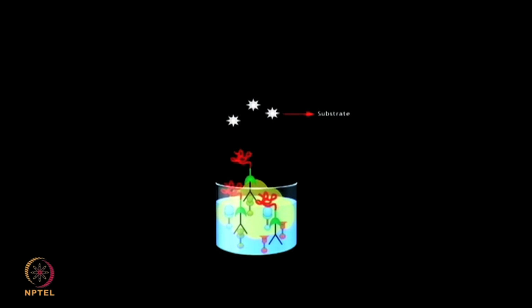The colored reaction was observed on addition of substrate to the enzyme. The authors demonstrated this approach for detection of antibodies to Epstein-Barr virus nuclear antigen 1, or EBNA1, and p53.